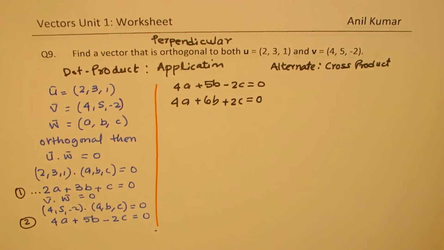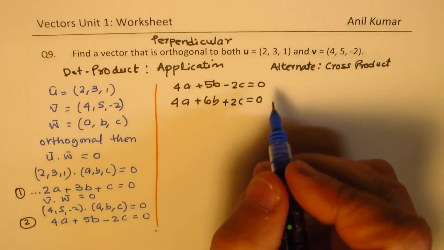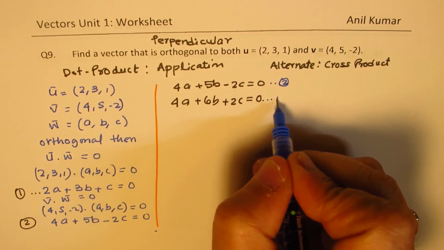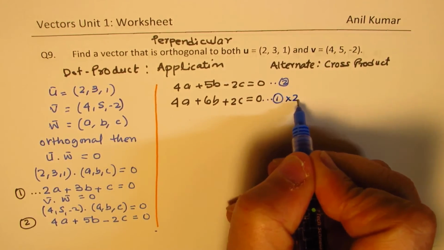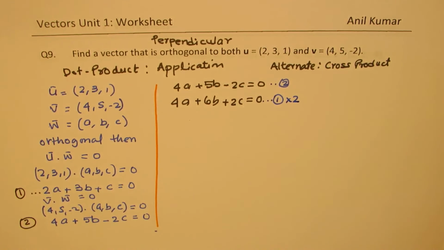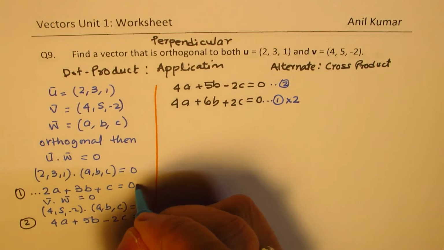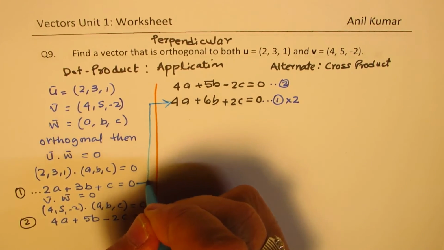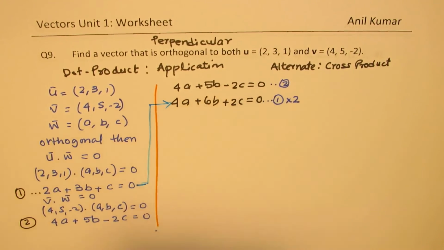So what we did at this stage was, this is our equation number 2, and in this case we had equation number 1 times 2, right? So we multiplied equation number 1 by 2 to eliminate c, since we need to find the value of a, b, and c.